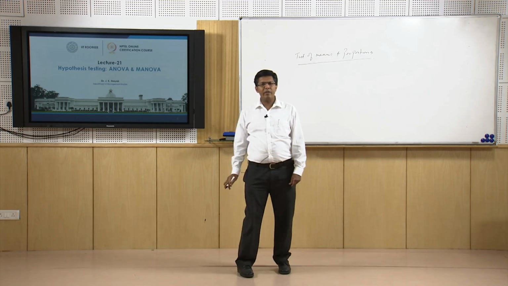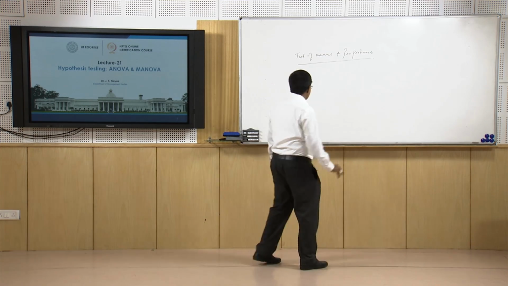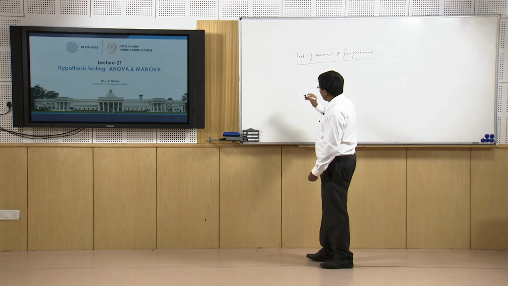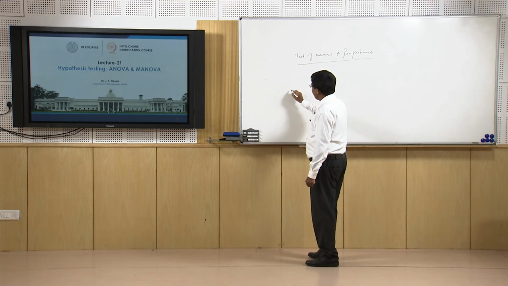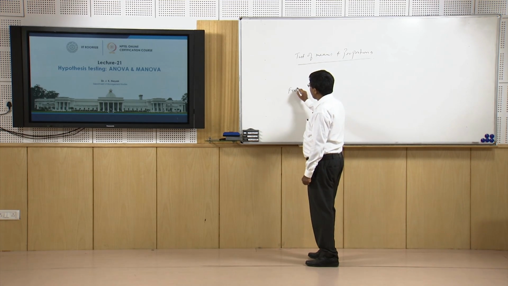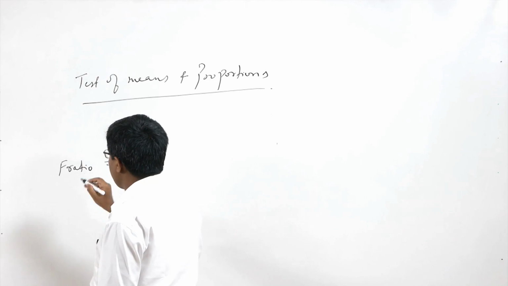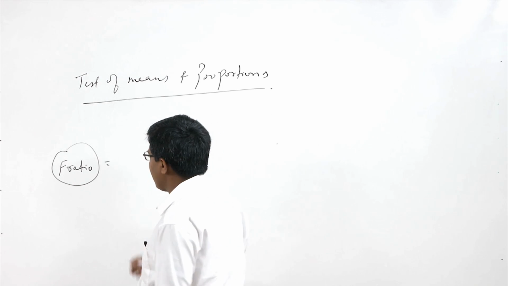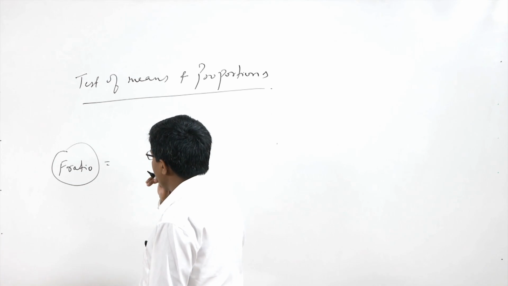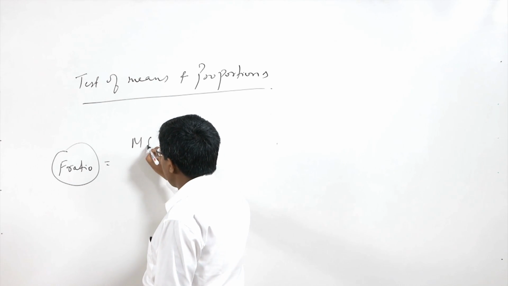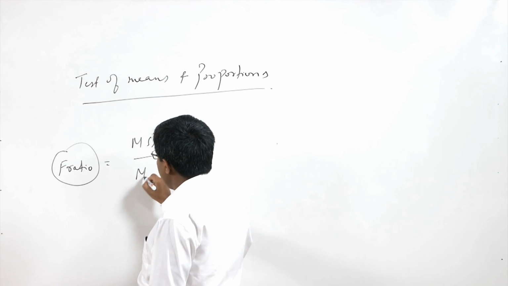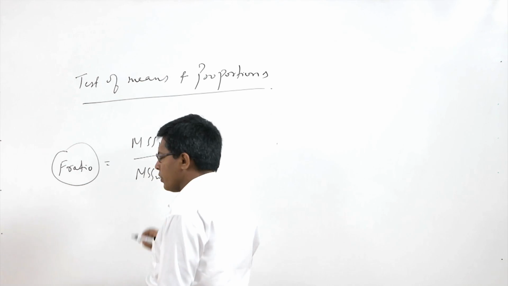He developed the F test, through which we calculate the F ratio, which I had just begun in the last session. The F ratio is the mean sum of squares between groups divided by the mean sum of squares within the groups.